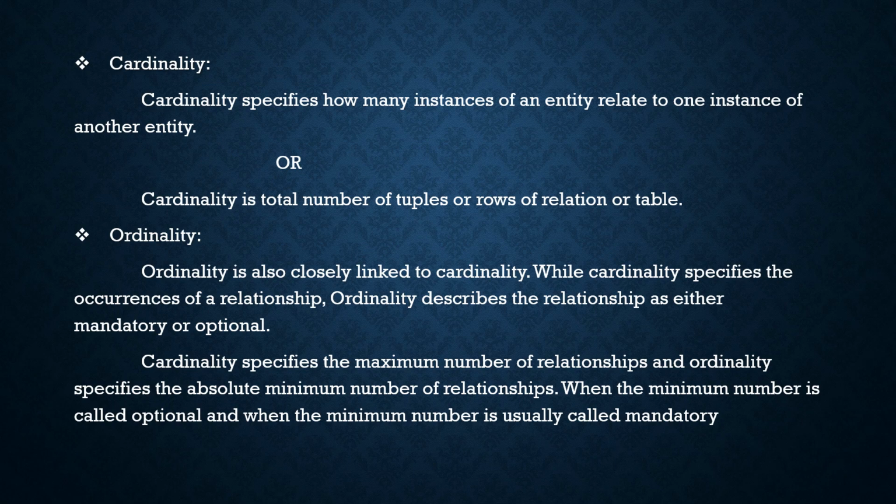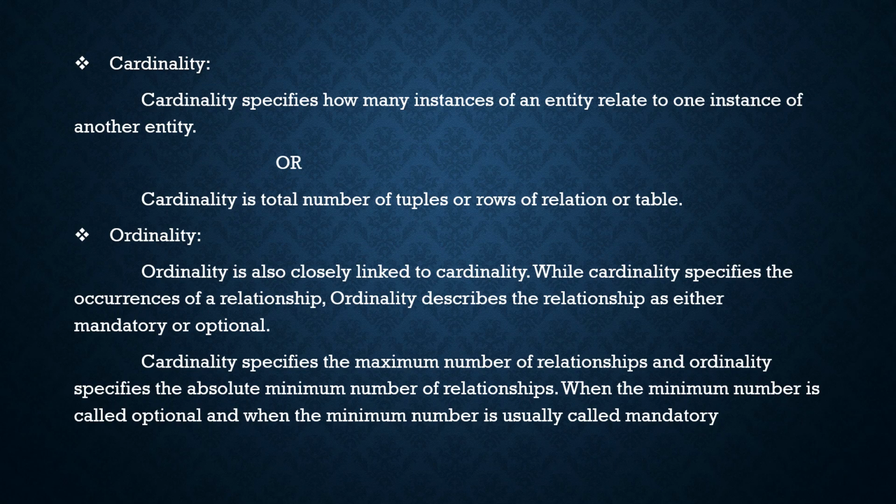Sometimes we use the term tuple, sometimes the term instance. Another definition: cardinality is the total number of tuples or rows of a relation or table.